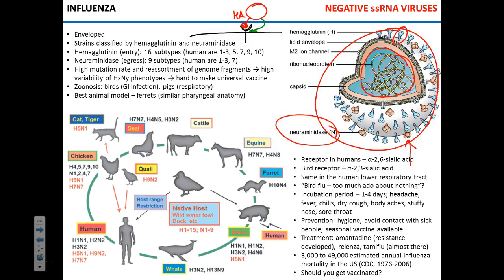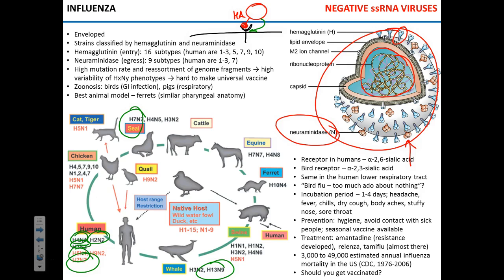And the combination defines which receptor the virus can bind, and essentially defines the host range. For instance, H7N7 infects seals, and can infect humans, but is not transmissible. H1N1, H2N2, H3N2 can be transmitted between humans. H5N1 cannot be. H13N9 infects whales, not humans.